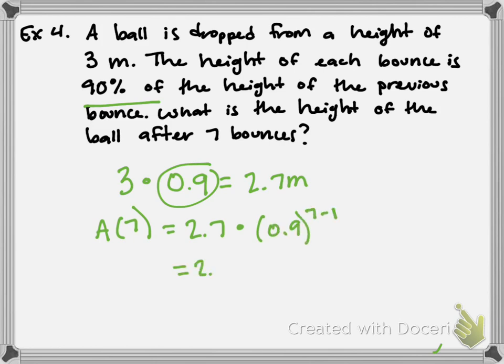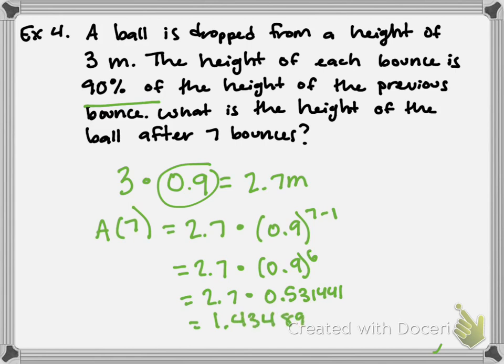So 2.7 times 0.9 to the 6th is 2.7 times 0.531441, and so when I multiply that, I get 1.434897. So we can round that to about 1.43 meters after 7 bounces.